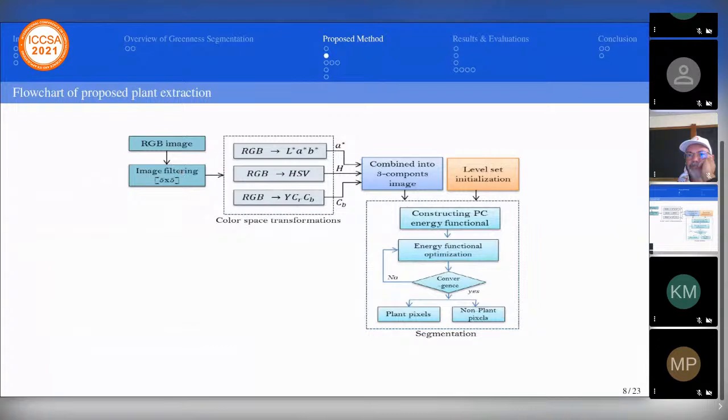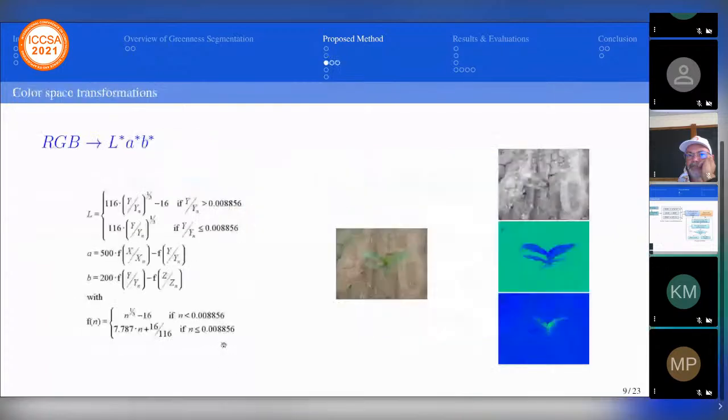Let's detail each block. For the color space transformation, we have used three color spaces based on previous studies. The first one, RGB to LAB space, is done via a nonlinear transformation of the RGB color space using these equations.